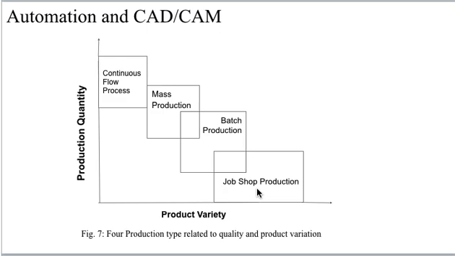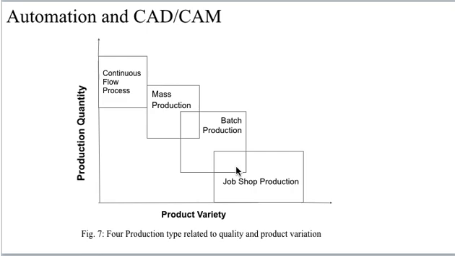The relationship among the four types in terms of product variety and production quantity can be conceptualized. There is some overlapping of the categories, as shown here.